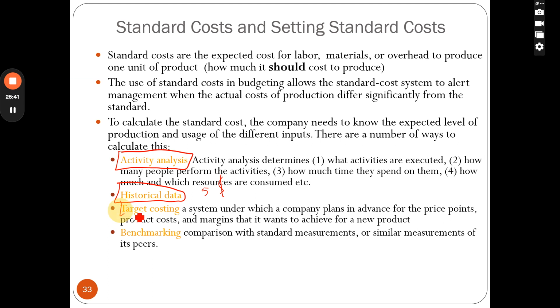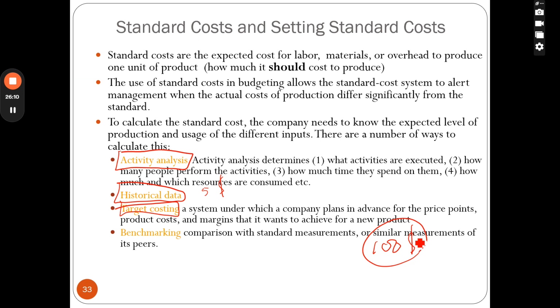Or you can do target costing. Target costing is when a product is in an economy where competition is so high, or in a highly competitive market, then you cannot change the price of the product because that much competition is there. So I have to sell my product for $100. There is no other way. So what we will do is create a target costing.